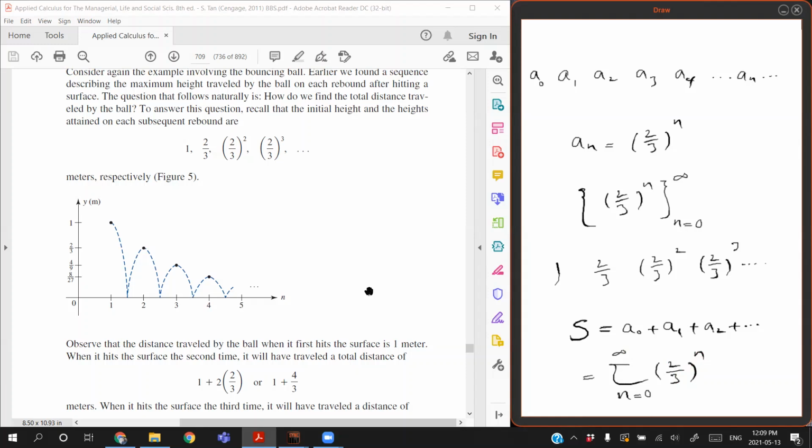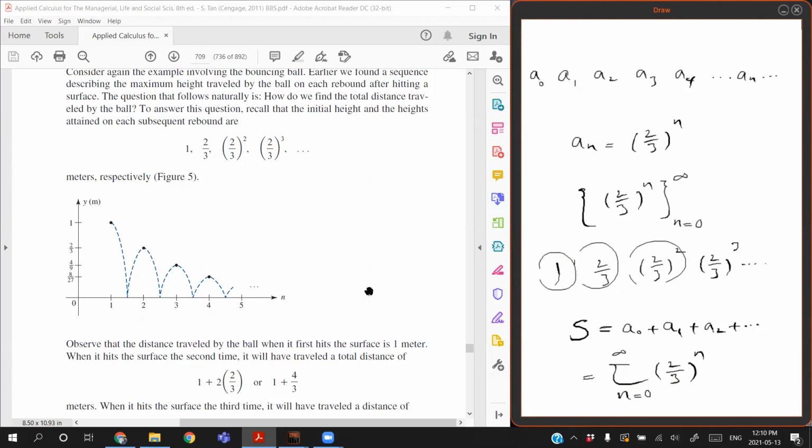When n is 0, I get the first term, then when n is 1, I get the second one, then when n is 2, I get the third one. The sigma is the summation notation, so it means the sum of all these terms. So that would be our infinite series.